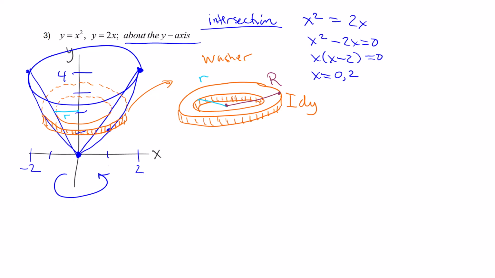Now let's take this even a step further, because think about this. If this is a horizontally oriented washer, which it is, it's laying flat, that means these radii, both the small one on the inside and the larger one on the outside, are extending outward from the y-axis. And we've already drawn in the lowercase r in our diagram to represent that, right?